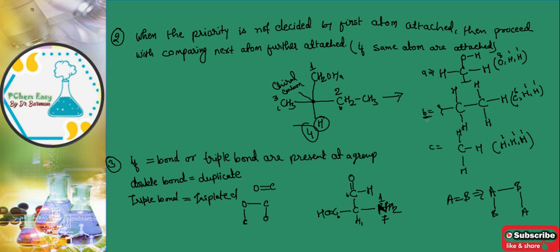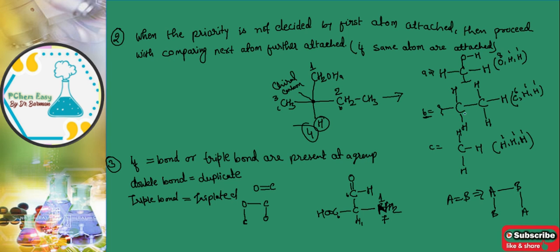Similarly, in group B, what is directly attached? See, with this carbon, this group is attached, but it is similar to that. So now we will see the next one. So this group having two hydrogen, but next one it is bonded with the carbon. Now we won't care about that, what is bonded here, like hydrogen, hydrogen, hydrogen.